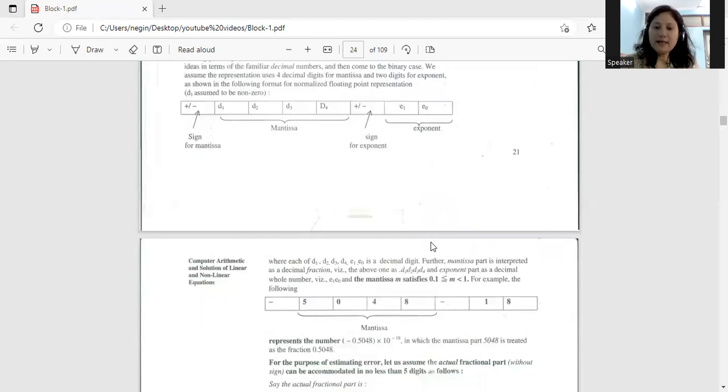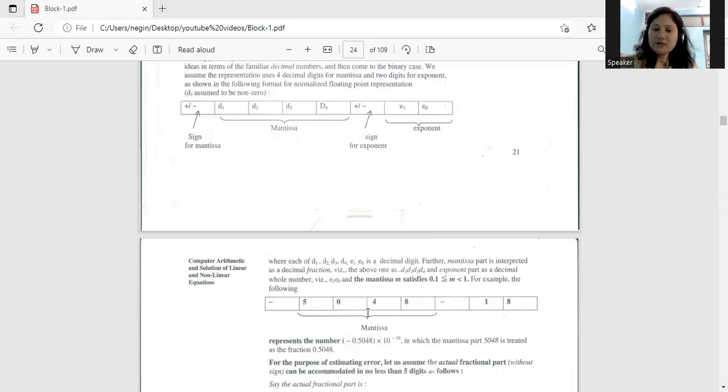Now let's take an example. Suppose we are given minus 0.5048 multiplied by 10 raised to the power minus 18. If we want to represent this in the form of Mantissa, how will we write it into this figure? First, 0.5048 has one sign.